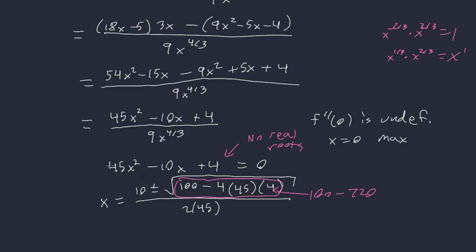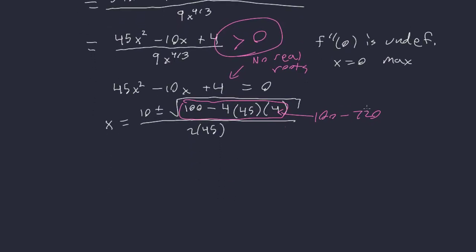Okay, and it's always pretty much going to be positive. If you plug, say, 1 in, you get 45 minus 10 plus 4. That's going to be positive. And note the denominator here is always positive because we're raising it to the 4 over 3. That 4 will make that positive. So this thing's pretty much always positive.